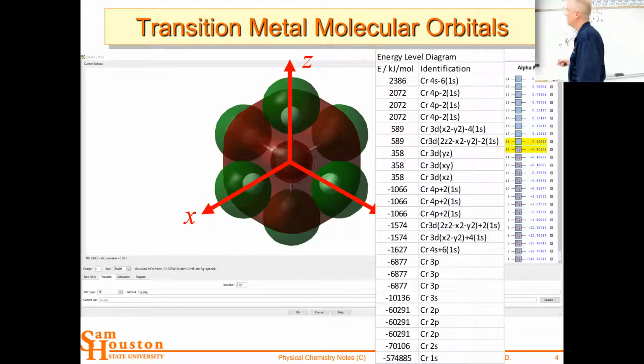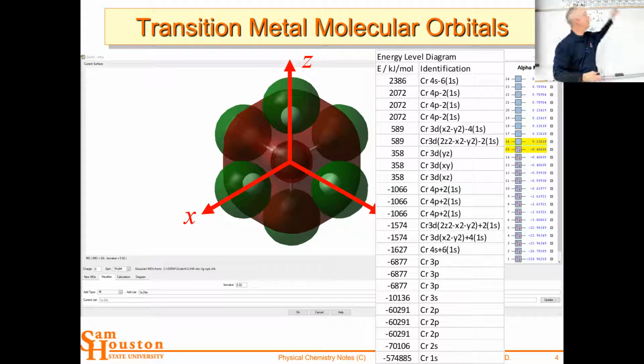So these are all of the little orbital designations, like what I've drawn on the board, for all of these orbitals here. You can see it's pretty confusing, but some of these down here in the core are pretty understandable. We have the chromium core electrons, which would be the electron configuration that we just learned in the last set of this course. So we went through 1s, 2s, 2p, 3s, 3p, and so on.